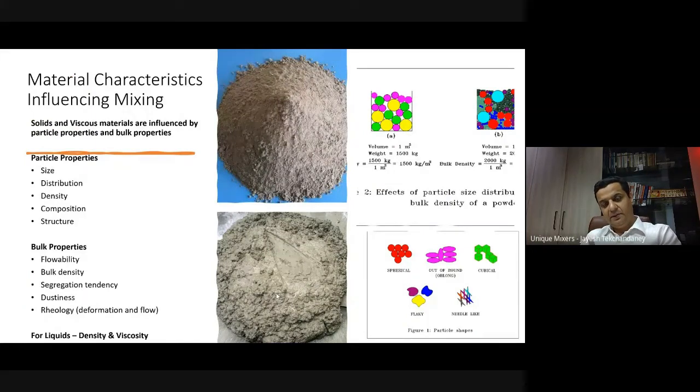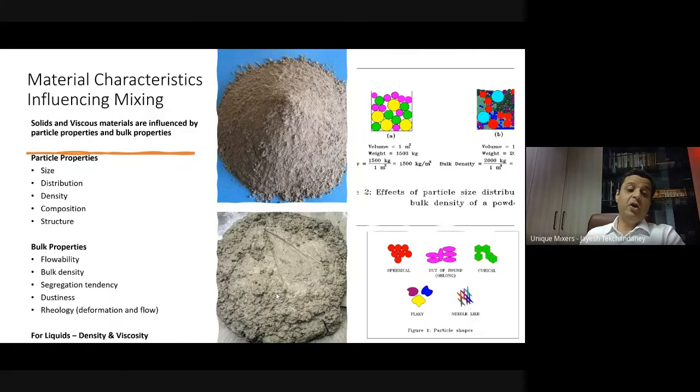So we looked at the different characteristics of material, and we also need to look at the properties of material. So these were like solid, liquid, and viscous dough. Now the ingredients may have a certain particle size, a particle size distribution.